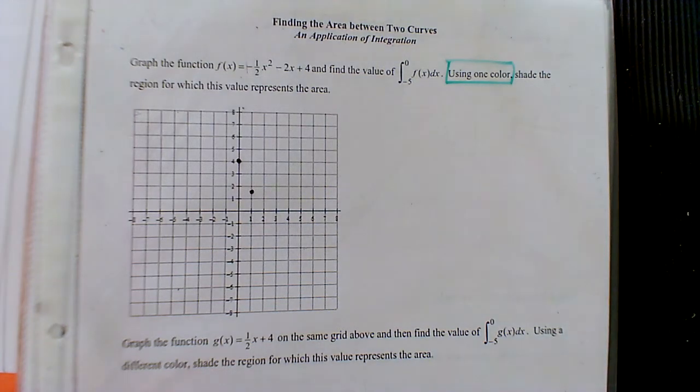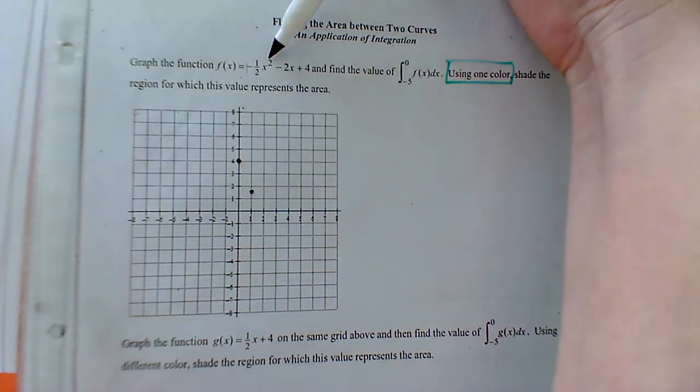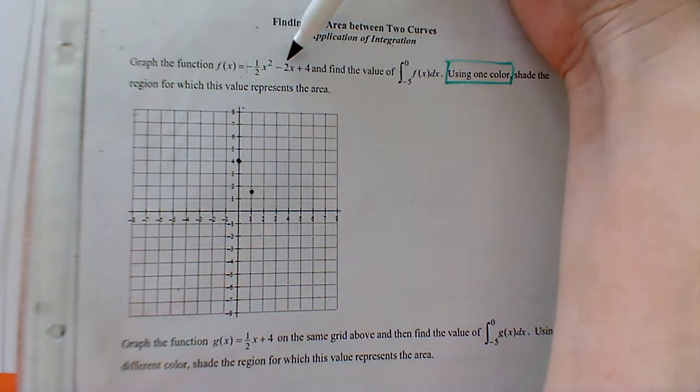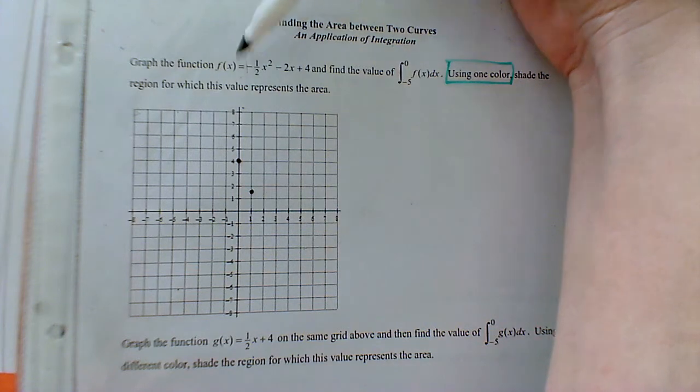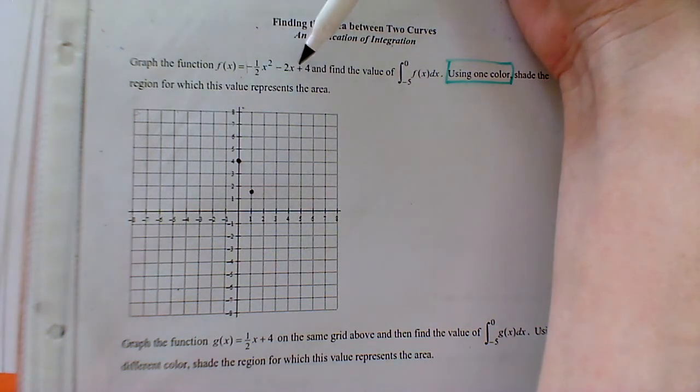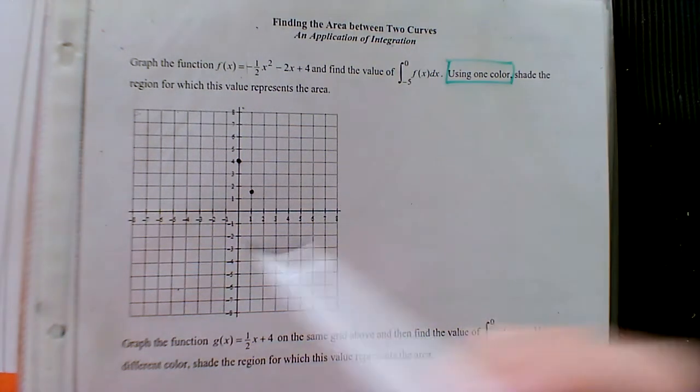If we try negative 2. Negative 2 squared would be 4. Negative a half of that would be negative 2. This would change to a plus 4, if we were to plug in negative 2 for x. So we have negative 2 plus 4, which is 2, plus another 4 would be 6.